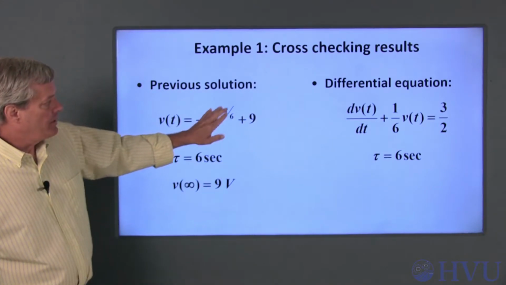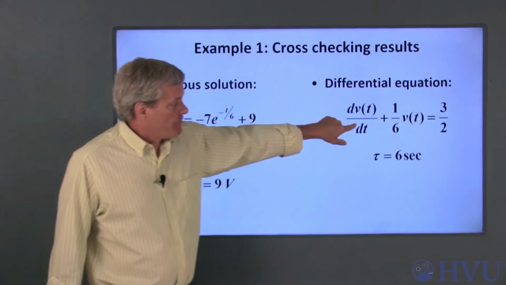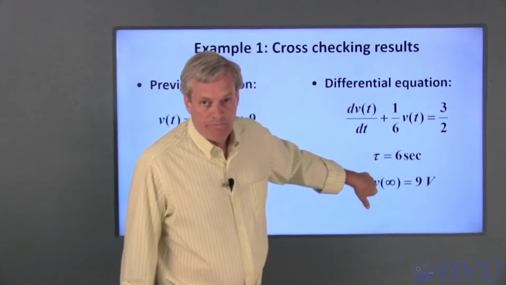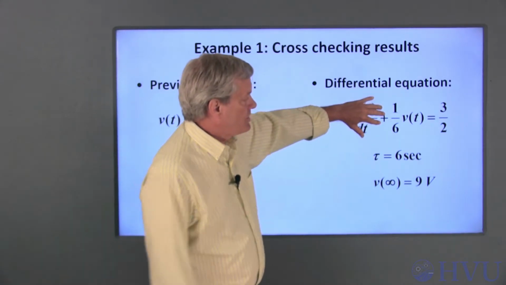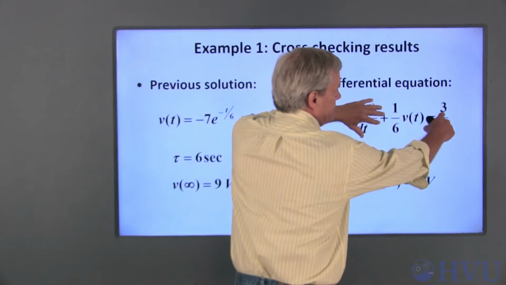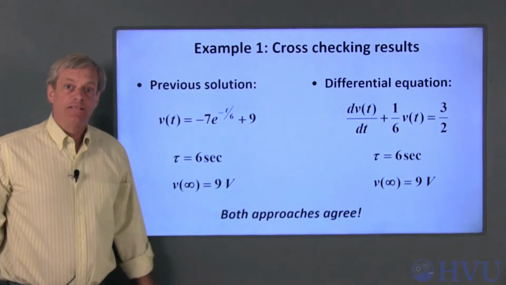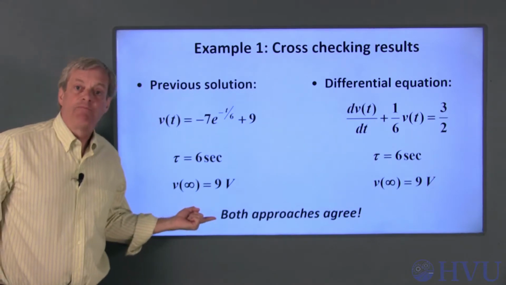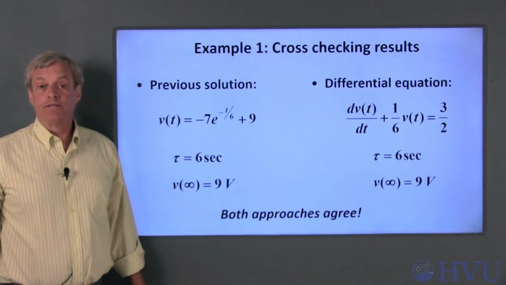E to the minus infinity over 6 is 0, and V of infinity is just 9. From this equation, the final value is going to be a constant. If that's a constant, this term goes to 0, and V of infinity is 6 times 3 over 2, or 9 volts. The time constant and the steady state response are the same for both solutions, so we can be pretty confident that our solution is correct.